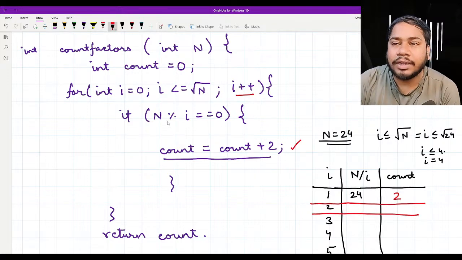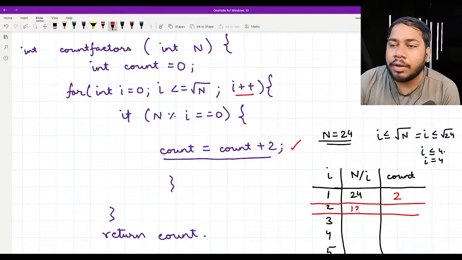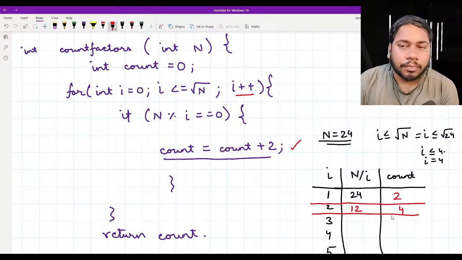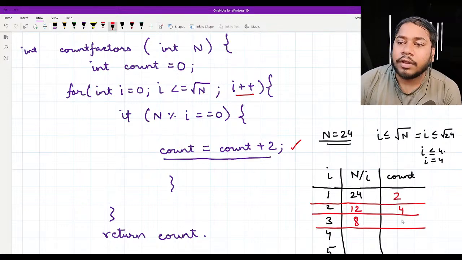Go inside, check 24 divided by 2. Yes, it's true. So it will be 12. So again we are getting two factors, so again increment the count by 2. So now it will be 4. Now again I value is 3, so it will be 8. So again we are getting two factors, so again increment the count by 2. So it will be 6.